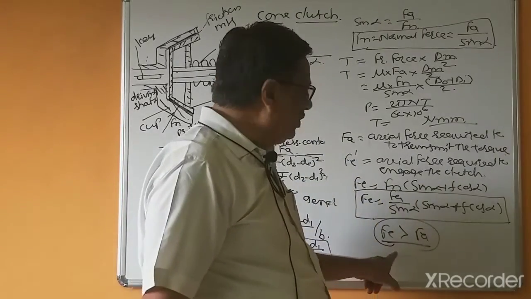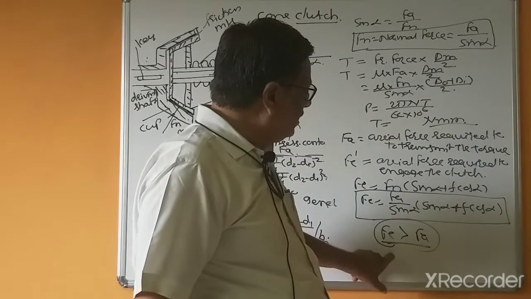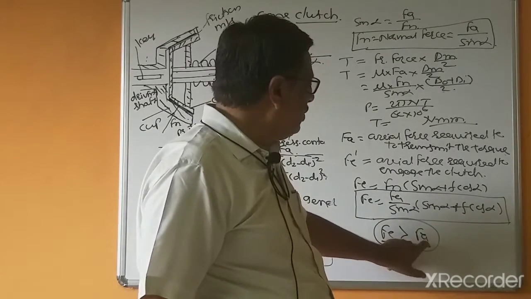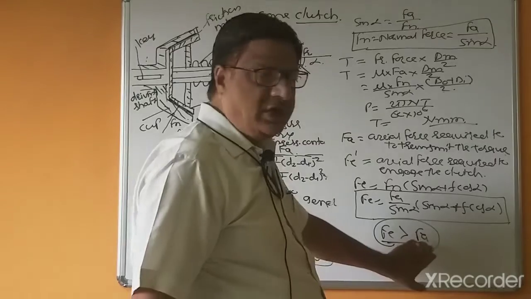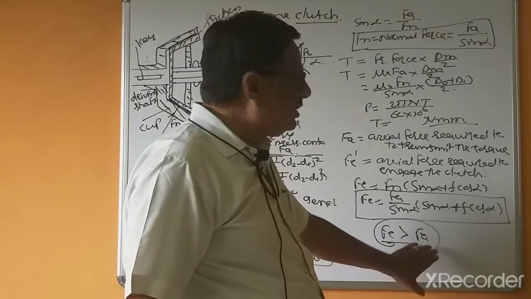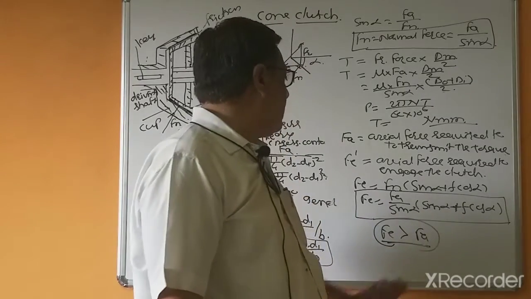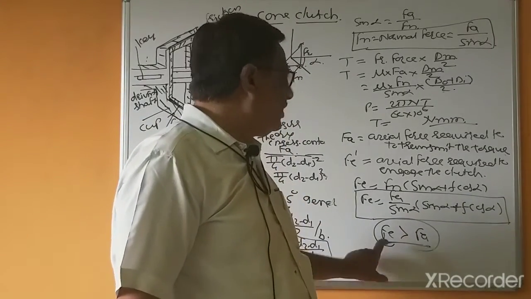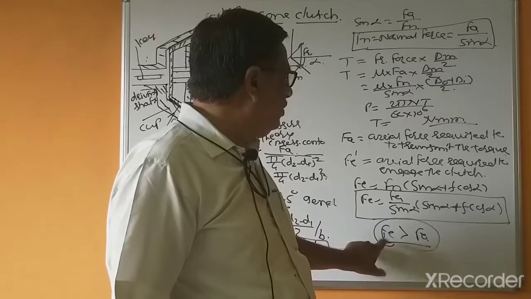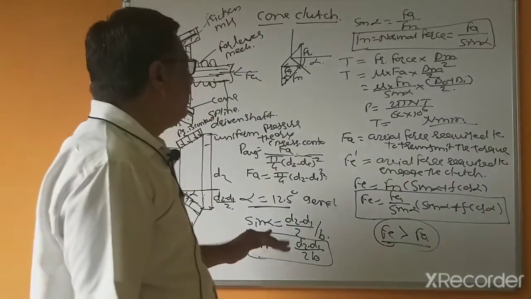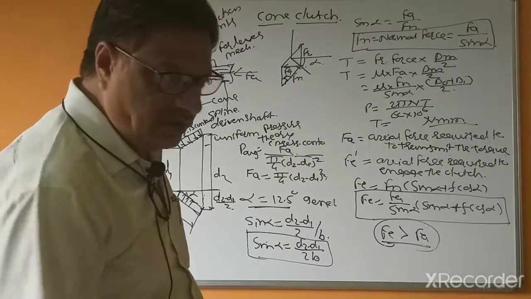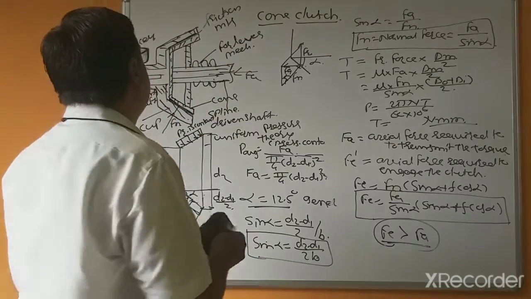The force required to engage the clutch is greater than the force required to transmit the torque, because we studied only the force required to transmit the torque during the running conditions. So this is the axial force, and this is the axial force required to engage the clutch. We will now see problems related to this cone clutch.